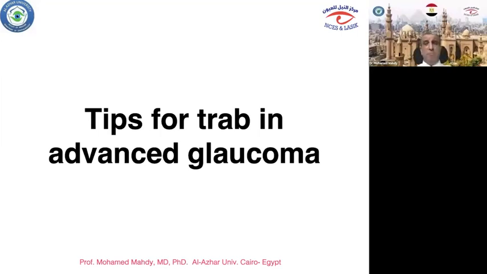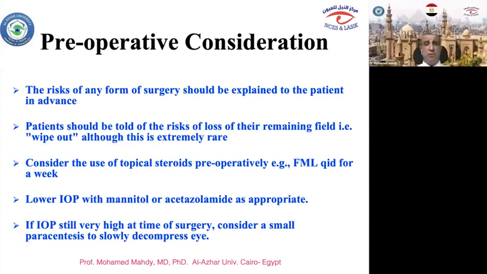Preoperatively, the risk of any form of surgery should be explained to the patient in advance, in addition to the patient's caregiver and his relatives, for sure. They should hear that we are going to minimize or stop the progression of the disease. We are not going to increase the patient's vision.